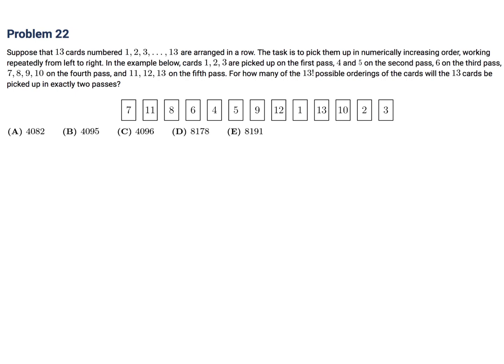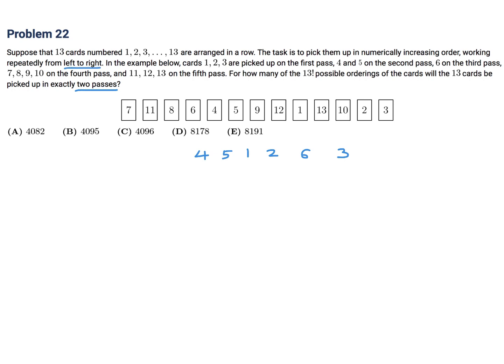What do they mean by this 2 passes? Well, I'll give you an example. Let's say we have 1, 2, 3, and then 4, 5, and 6, like that. I'm just giving you a small example. What we're doing is we're going to pick up the cards, working from left to right in numerical order.